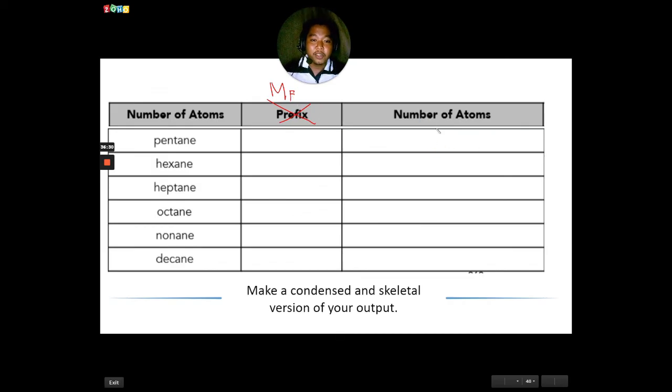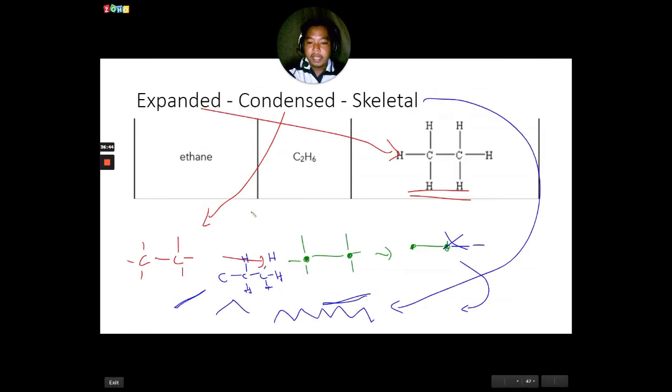And the number of atoms, in the expanded form pala. Expanded form. And then, also, add another table, make a condensed and skeletal version of your output. So, the condensed form, as I've said, is this one. Walang hydrogen, mga lines lang. And then the skeletal looks like this one.